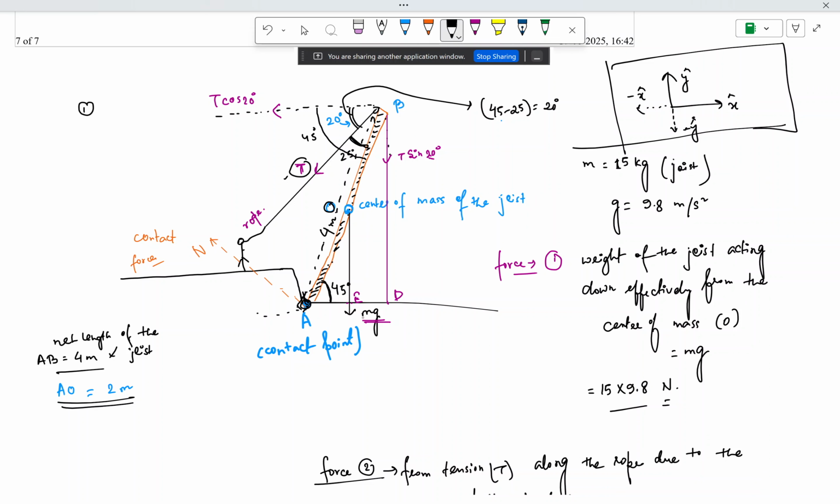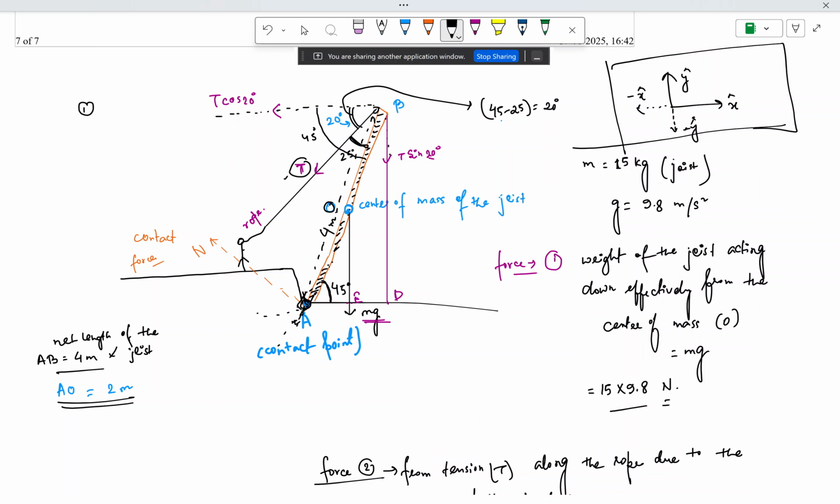These are two forces. The third force I was talking about is the contact force, which arises because the only point of contact of this joist with the ground is this point A. So how do you draw the contact force? Your object is this rod.